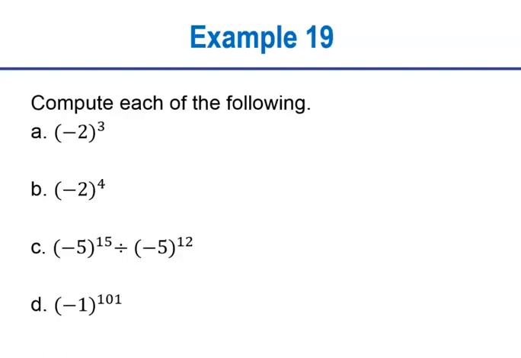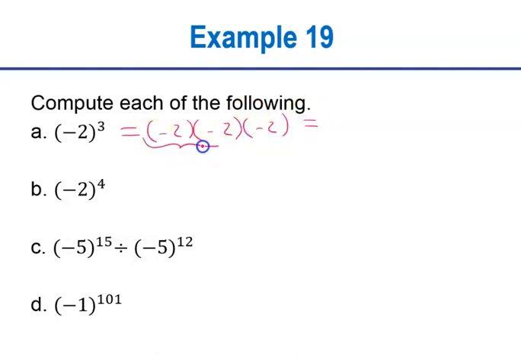Okay, now here we have parentheses. I want you to note that, but there is no work to be done inside the parentheses. These parentheses are actually here to let you know that you're raising negative 2 to the third power. Now, if we write that in an expanded form, that would be negative 2 times negative 2 times negative 2.